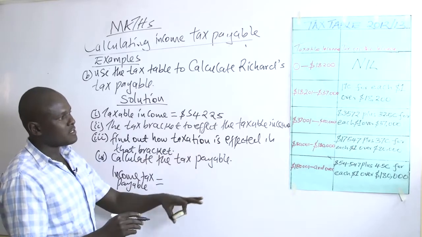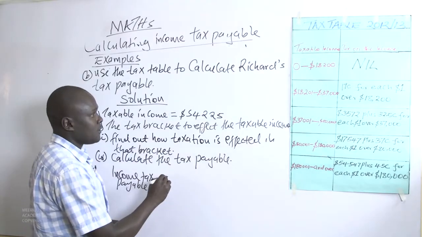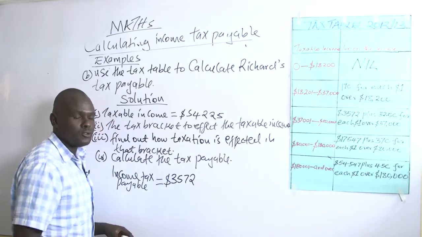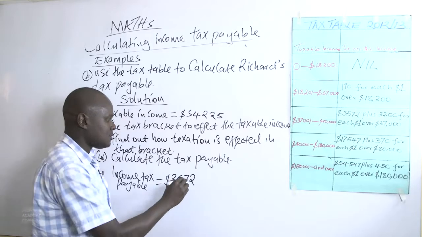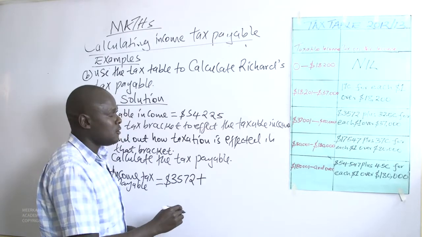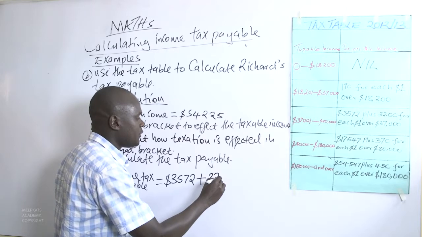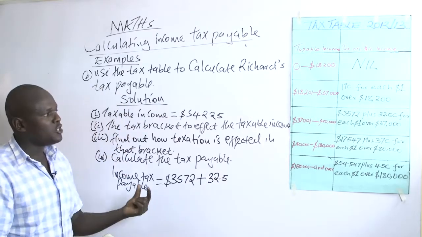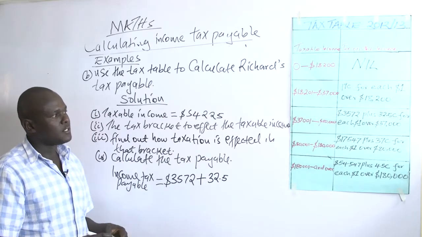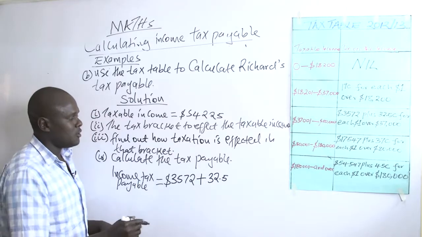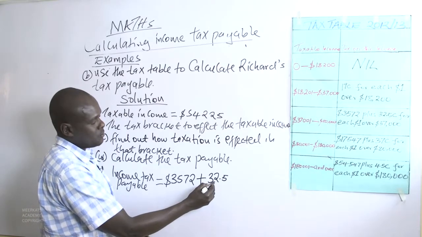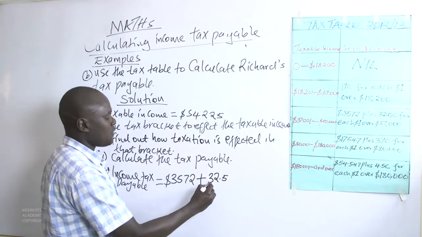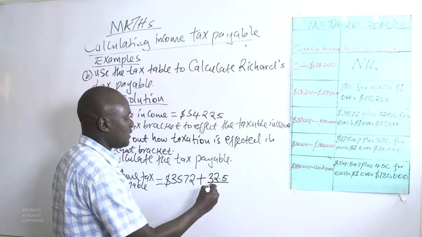we have that base tax, which is $3,572. Then we are told plus 32.5 cents for each dollar above $37,000. So we convert this to a fraction or a decimal. Basically 32.5 cents means 32.5 all over 100.